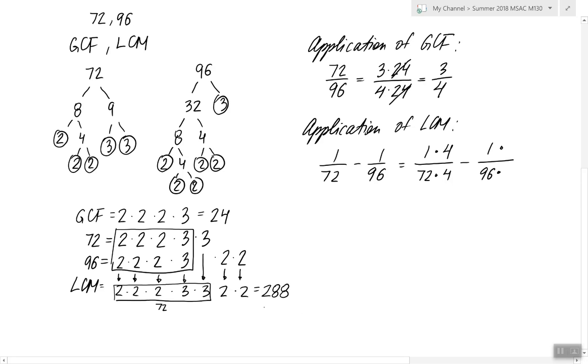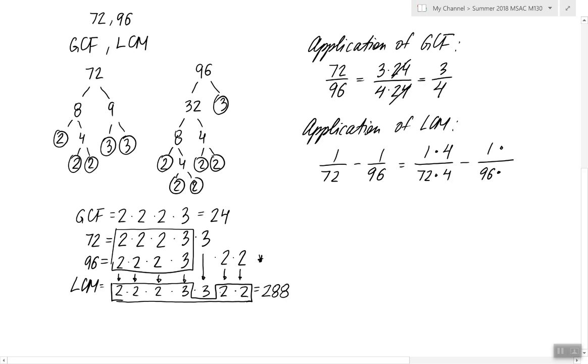LCM consists of all of these factors, but you can recognize that this part of LCM, this part right here, is exactly the same as 96.